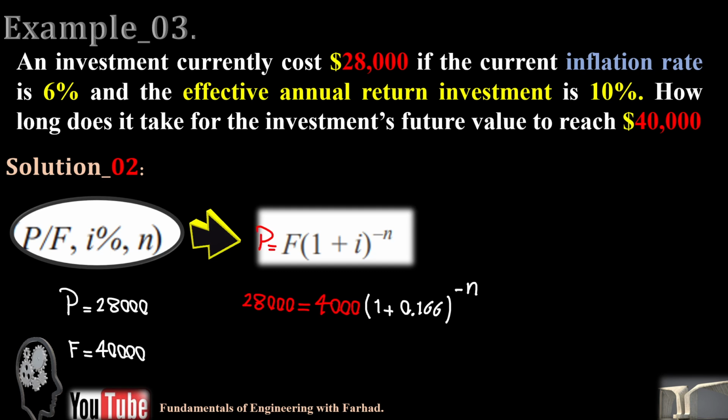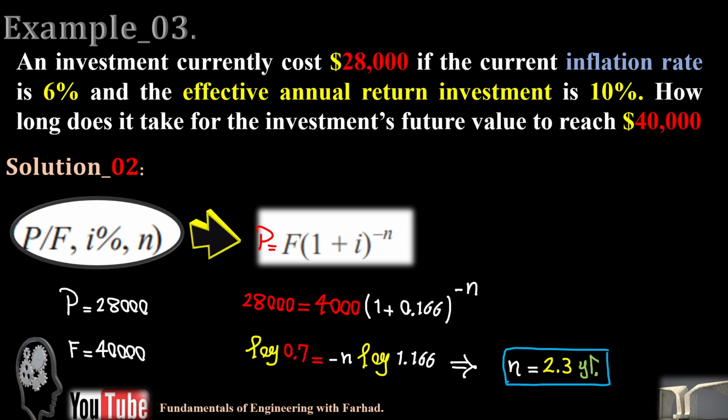Don't forget to replace D in terms of I due to the inflation rate. And if you do the math, it gives you ln of 0.7 is equal to negative n times ln of 1.166. Again, if you do the math, it gives you the same number of years.